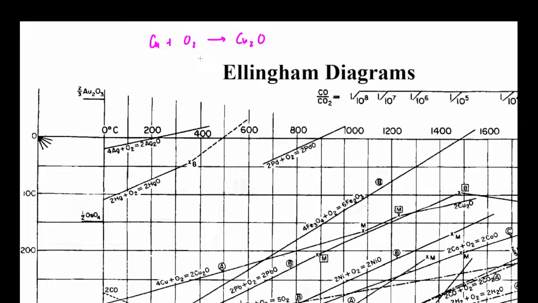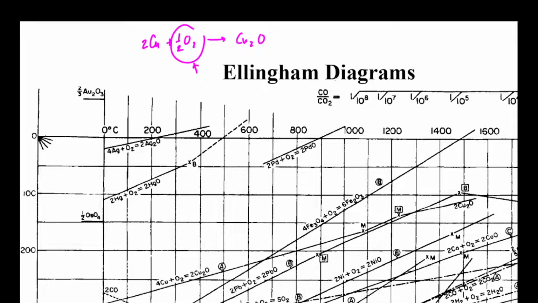Okay? So usually, pag bina-balance tayo, ang natural tendency natin is, 2 copper, tapos 1 half O2. Yan yung natural tendency. And in fact, sa mga examples natin, almost always mas convenient na naka 1 half O2 siya, no?